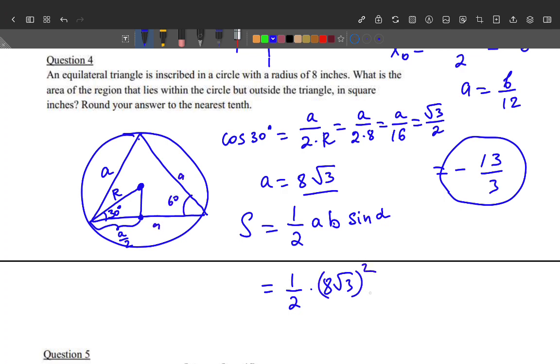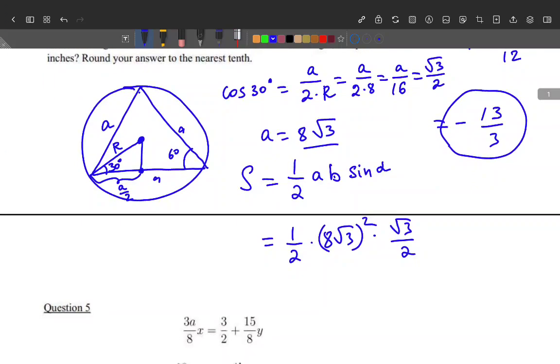A and A. And sine 60 degrees is square root 3 divided by 2. It gives us 64, then 64 square root 3 divided by 4.